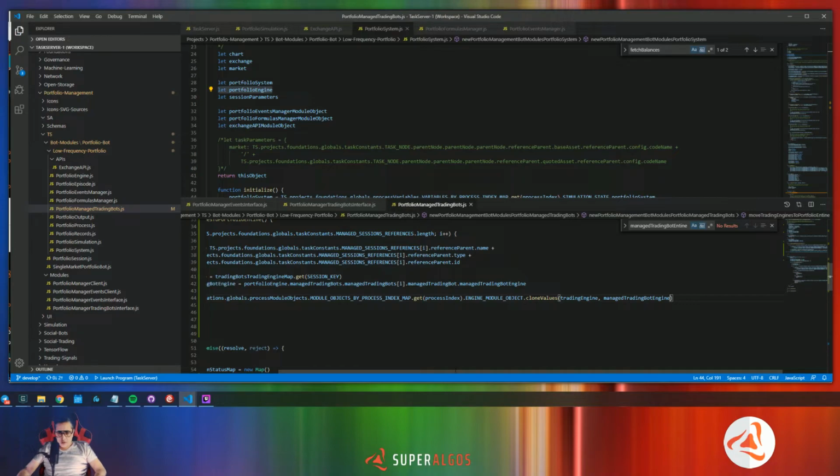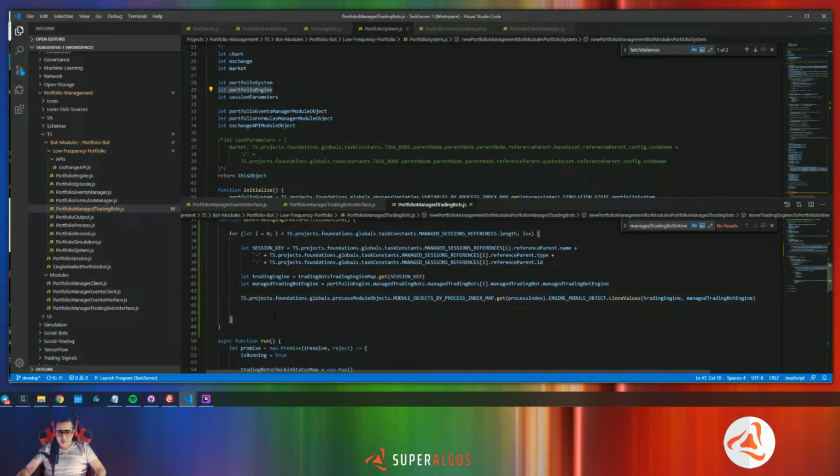And just like that, we will have at the trading engine all the values of all the trading engines, or the portfolio engine, all the values of all the trading engines at the last candle.